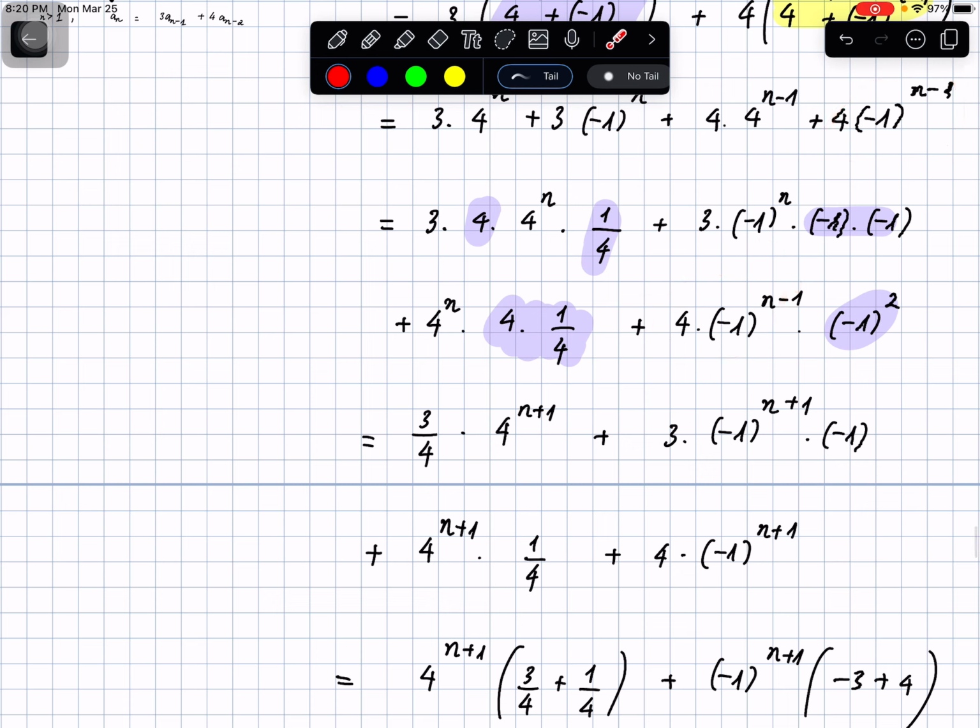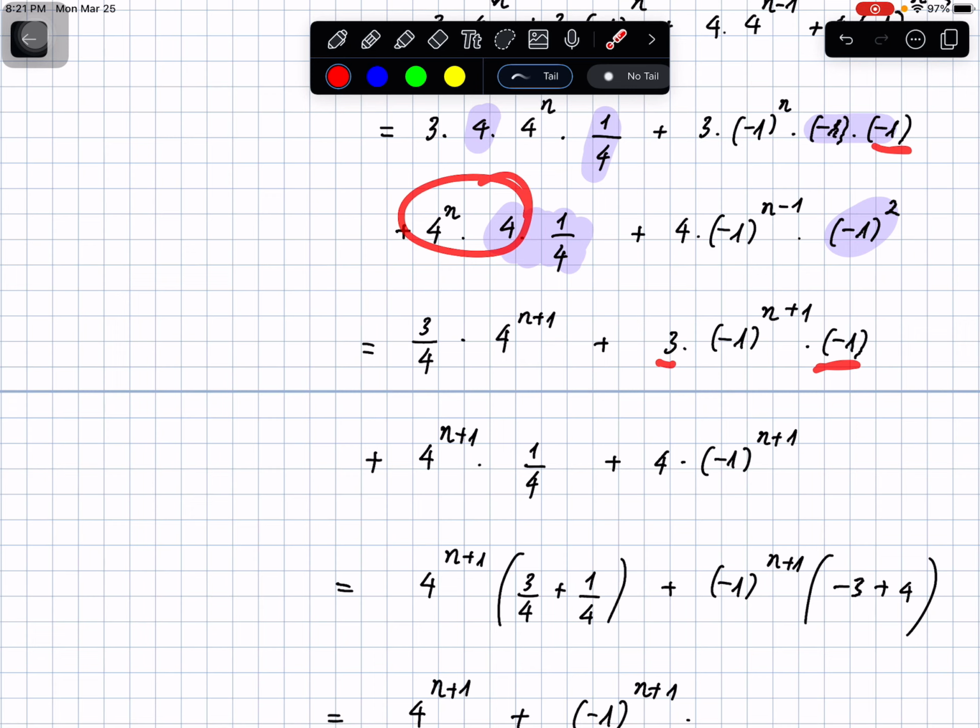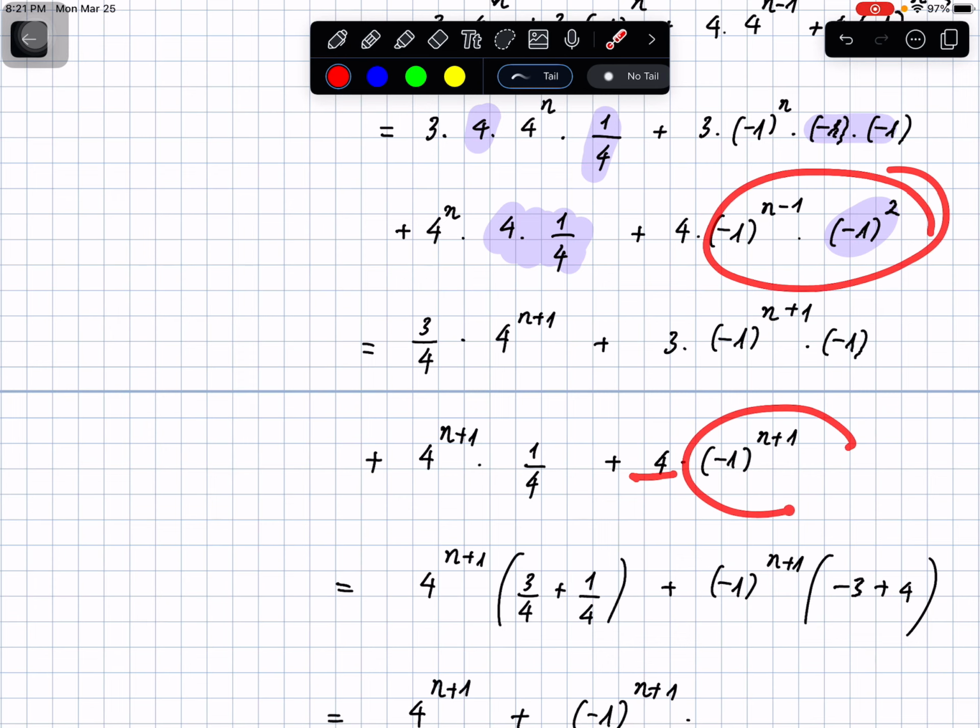Okay, at the end, we have 4 to the n plus 1, so like 3 over 4 right here. Minus 1 to the n plus 1. So multiply 3 by minus 1. 4 to the n plus 1, multiply by 1 over 4. 4 times minus 1 to the n plus 1.